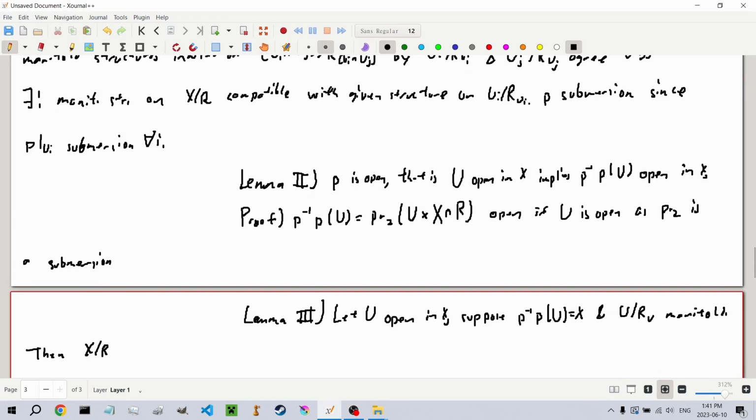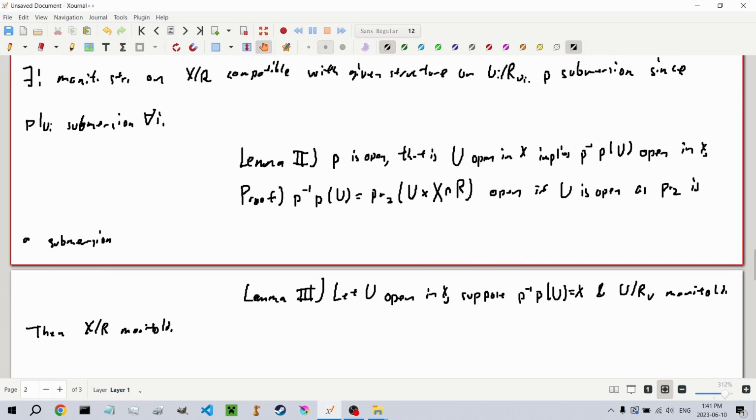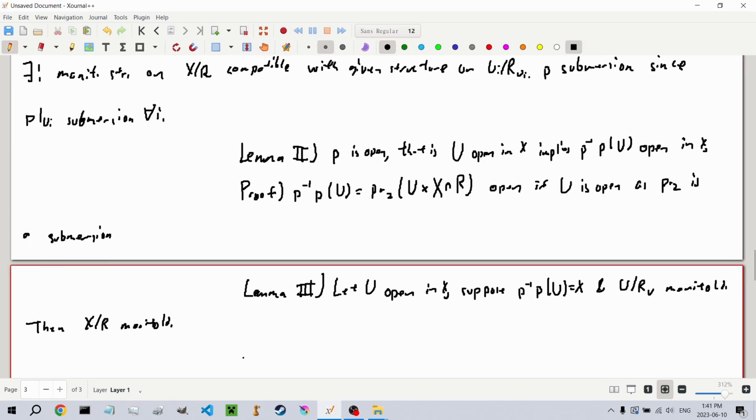Then X over R is a manifold. And we've got a proof of that. Proof.